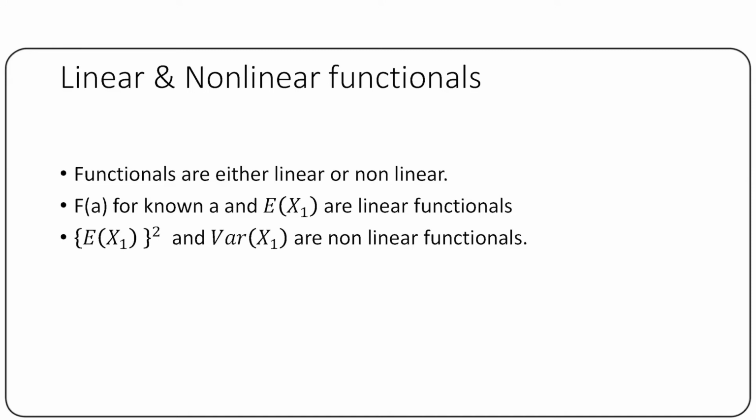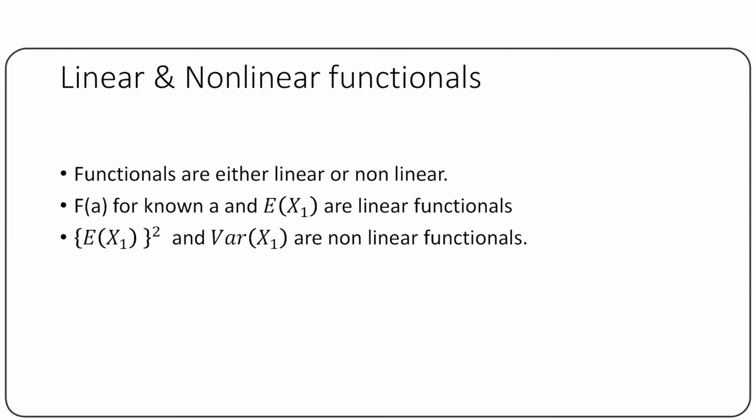So mathematically, if theta(alpha F1 plus (1 minus alpha) F2) is equal to alpha theta(F1) plus (1 minus alpha) theta(F2), then the functional theta is linear. Then it is easy to observe that the functionals already discussed in the examples are linear functionals.